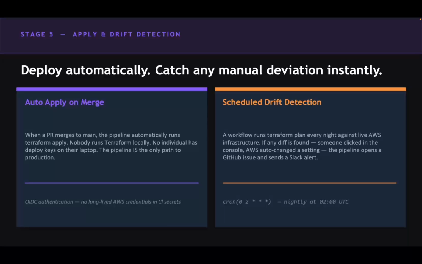This is how we enforce the rule that the console is read-only. You can't physically stop someone from clicking in AWS, but you can detect it within a certain number of hours and surface it to the team.